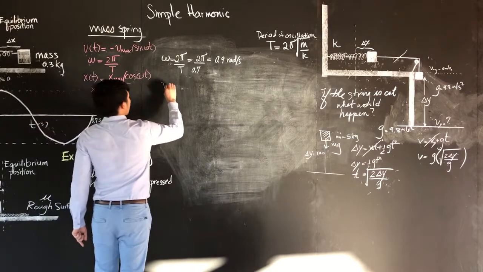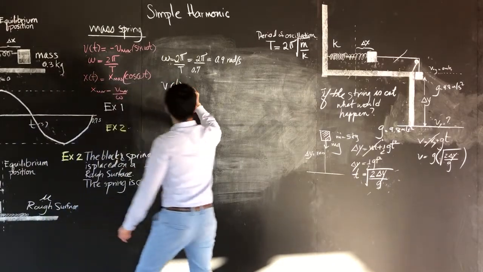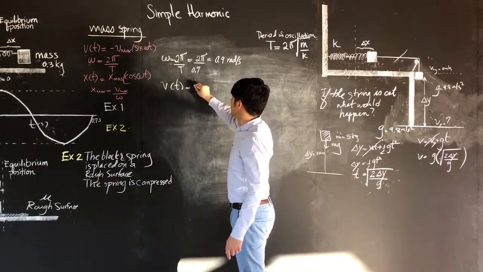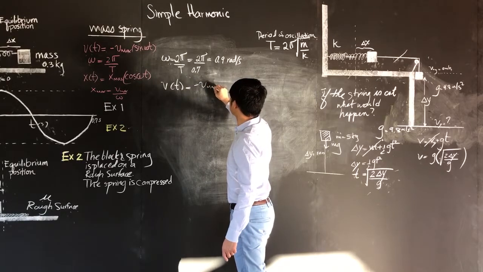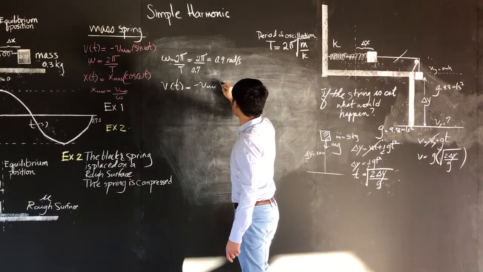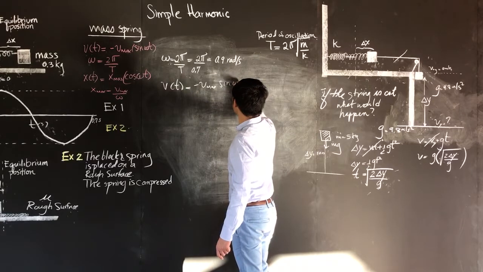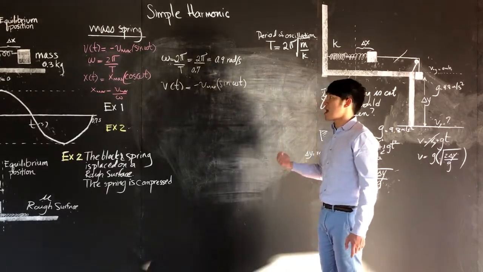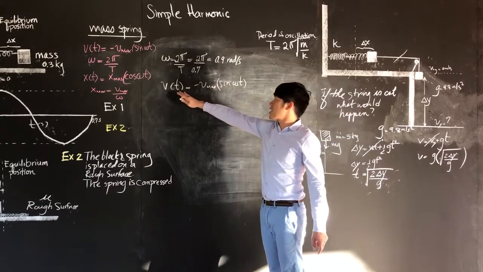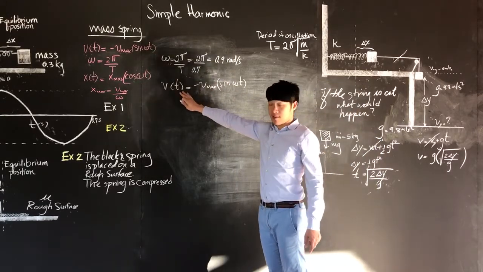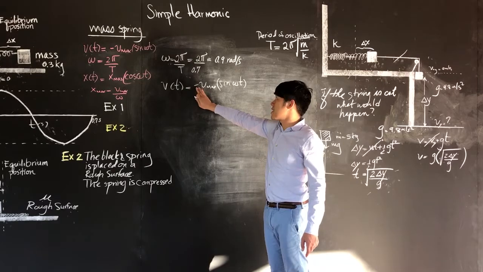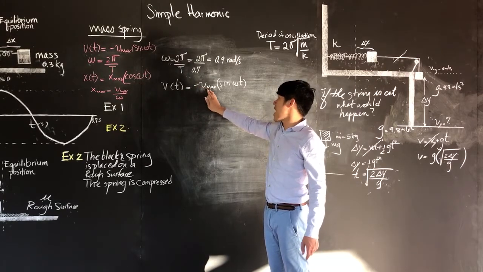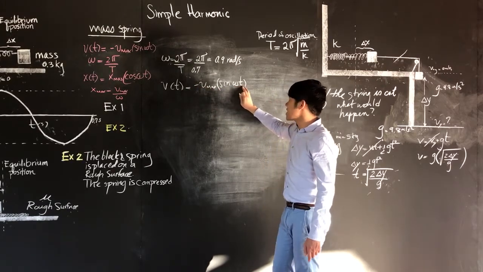So I'm going to go ahead and write it down. V max times sine, this and that. So from here, do you understand what we have? Velocity versus time equals negative V max sine omega t.